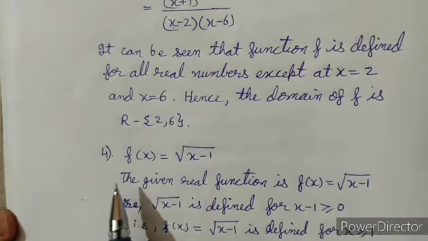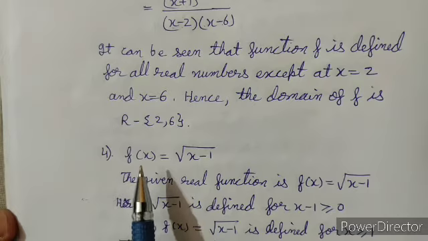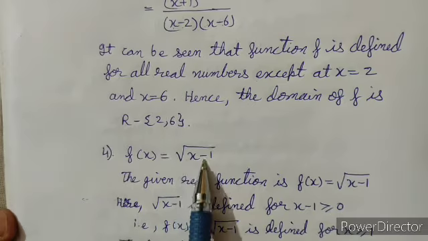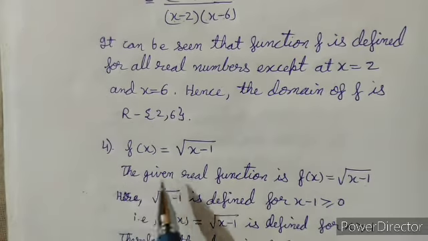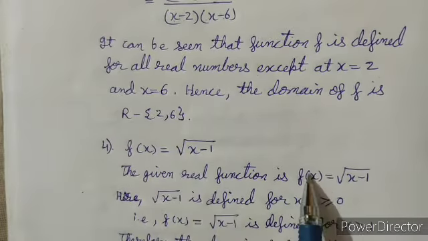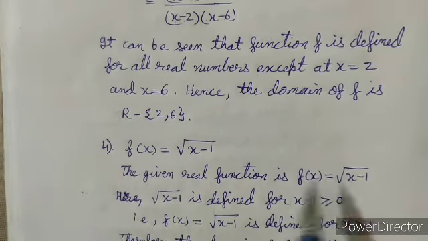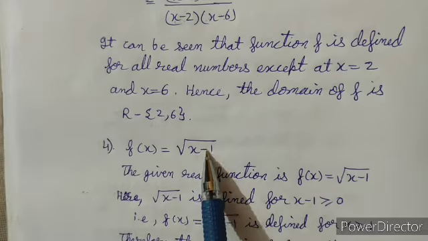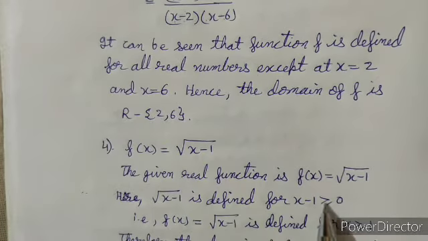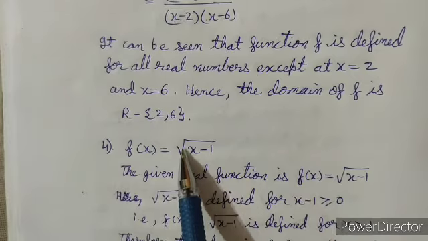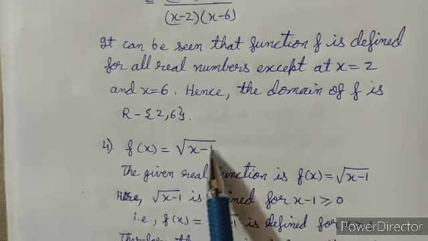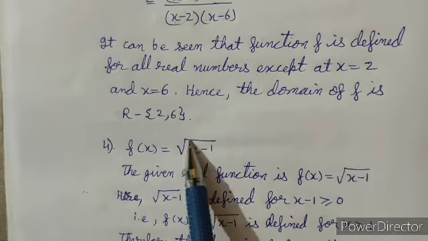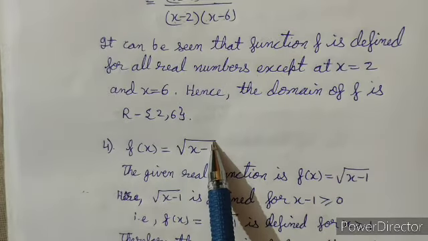In question number 4, we have to find out the domain and range of the real function f(x) equal to root of (x minus 1). Here, root of (x minus 1) is defined for x minus 1 greater than or equal to 0, as the root of a real number cannot be negative.